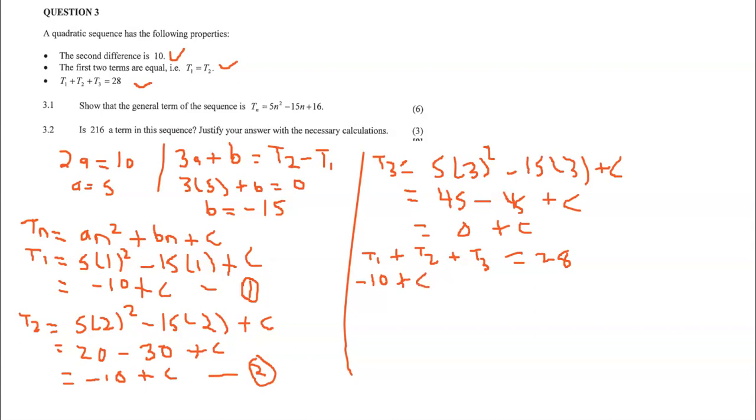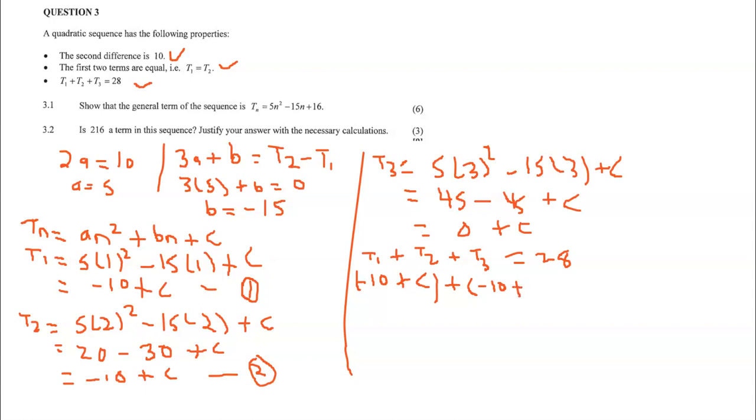Whereas T2, I think it's better if you put everything in brackets to avoid problems. So plus, then T2 is also giving us negative 10 plus c.